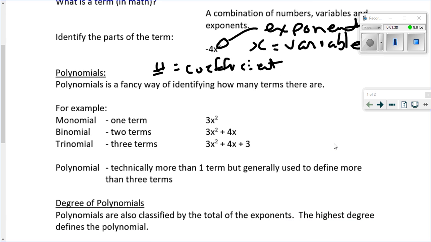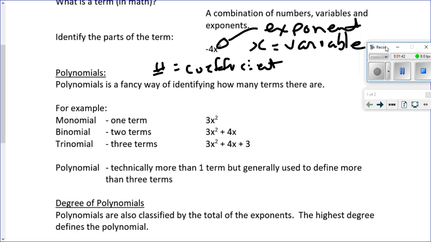We use the same terms that they used for shapes. There was no such thing as a monomial because you couldn't have a one-sided shape, or a binomial, two-sided shape, but you're probably familiar with those from other things. A monorail is called that because it has one rail. A bicycle is called that because it has two tires.